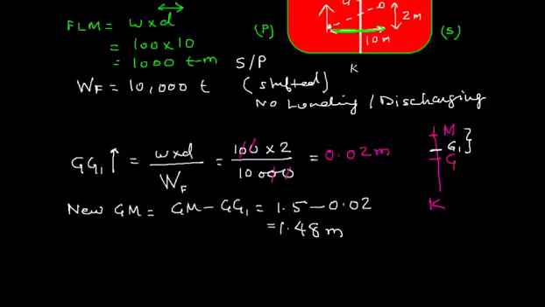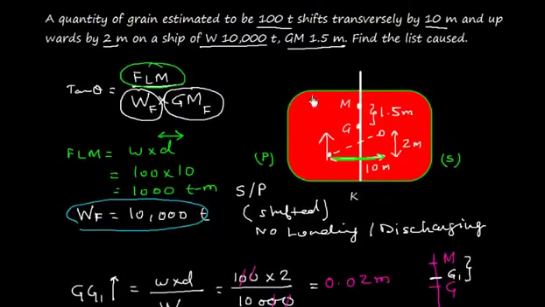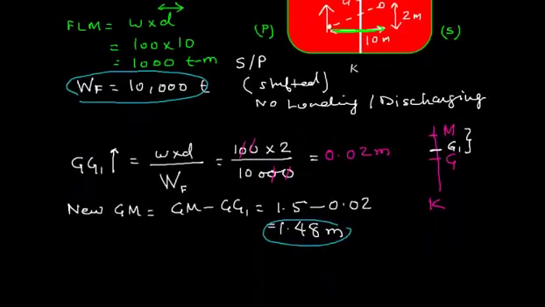So now we have all these three parameters. We have the GM, we have the final displacement, and we have the list moment also. All we need to do is put all these values in this formula. Tan theta is equal to final list moment divided by WF into GMF. So let me just put these values.